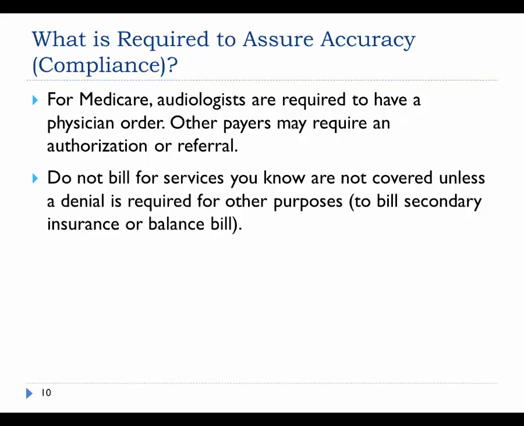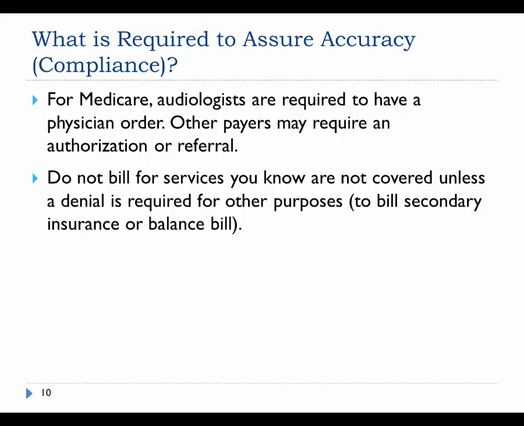Medicare will reimburse for audiology services if the purpose of the evaluation is to assist a physician in determining diagnosis and/or medical or surgical care. Medicare will not pay for services if the purpose of the evaluation is to determine whether amplification is or is not appropriate.